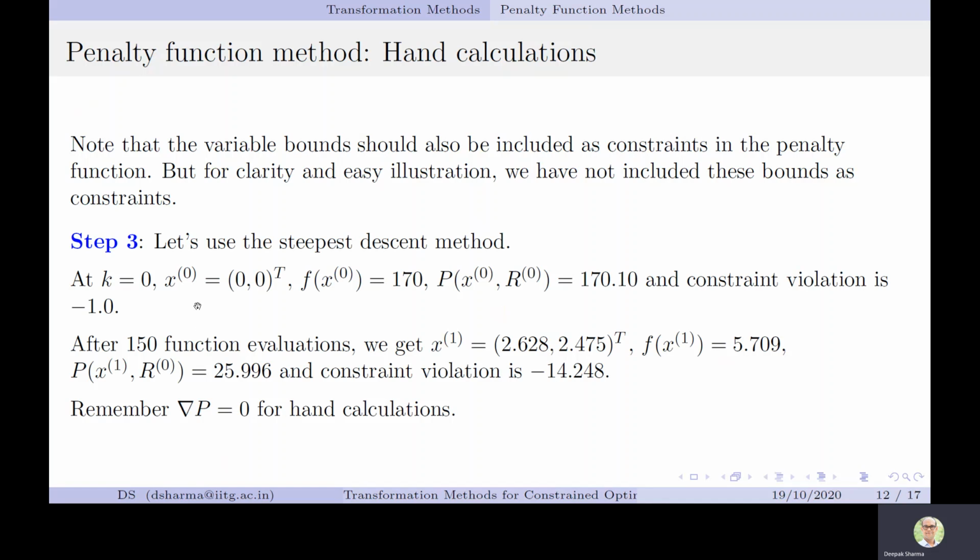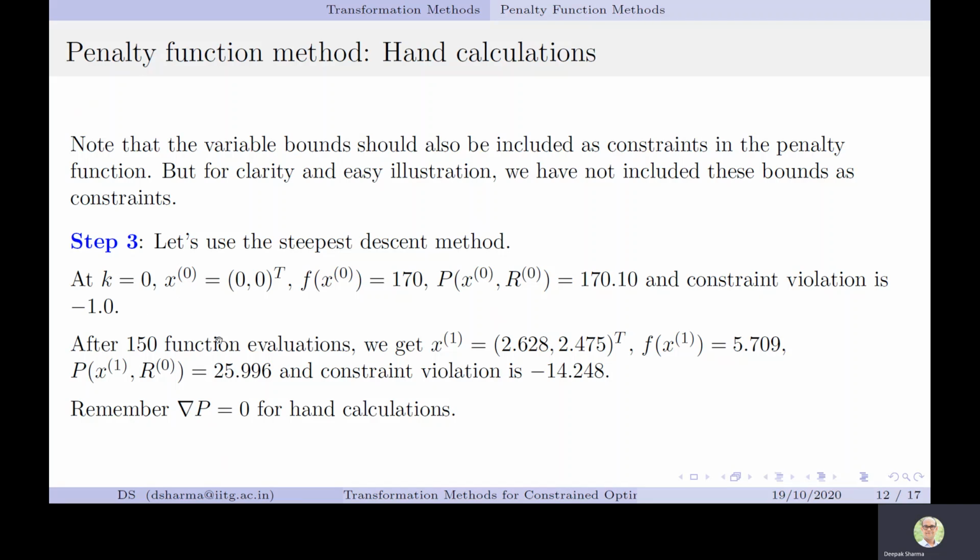Now for solving the unconstrained problem in the previous slide, let us use the steepest descent method. Suppose we have iteration k equals 0, initial point 0, 0, the function value is 170, and the penalty function value is 170.10. Currently the constraint violation is -1.